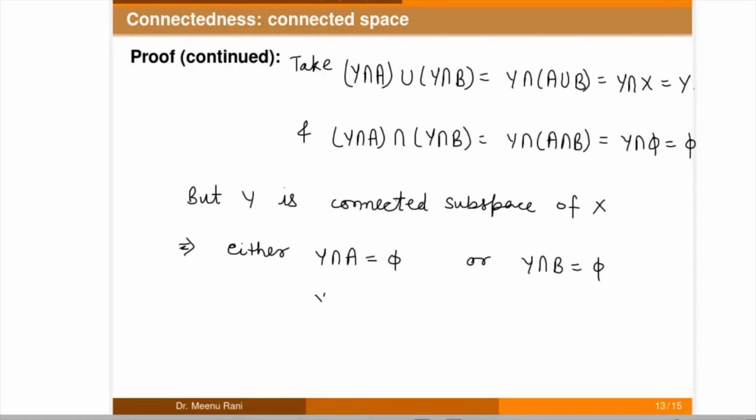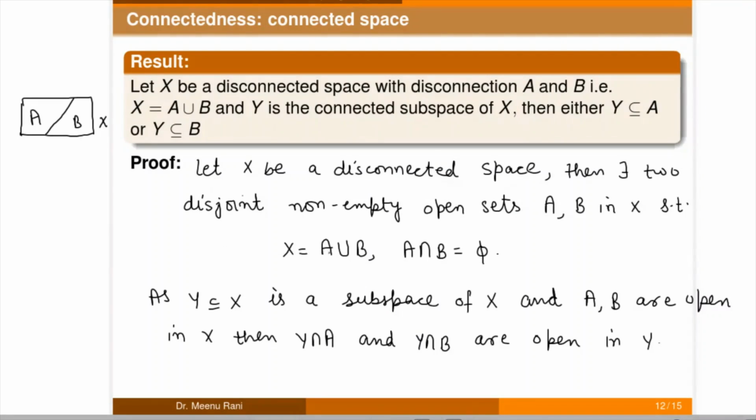So from this we get Y is contained in A complement, and from this we get Y is contained in B complement. Now if we take A complement in X, then it is B only.